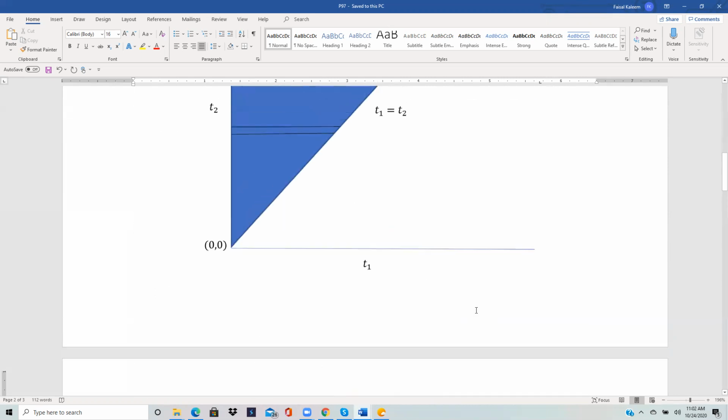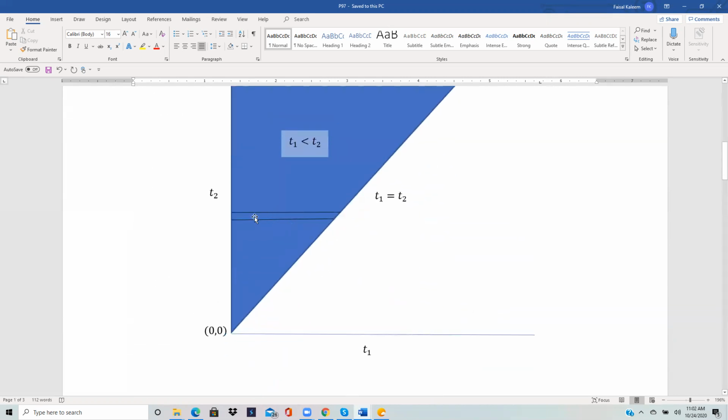In this case, the integration is slightly easier if you go through a horizontal strip like this, which means that first you are integrating from T1 equals 0 to T1 equals T2.